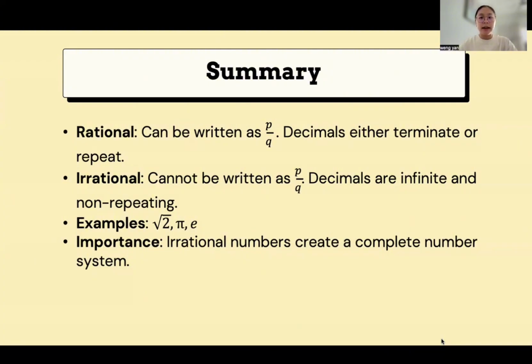Irrational numbers, on the other hand, cannot be expressed as a fraction of two integers. Their decimals are chaotic. They are infinite and non-repeating. Think of the square root of 2 or pi. The key idea is that irrational numbers are necessary to completely fill the number line. They represent values that cannot be perfectly captured by simple division. Understanding this difference is crucial for working with geometry, calculus, and advanced algebra.